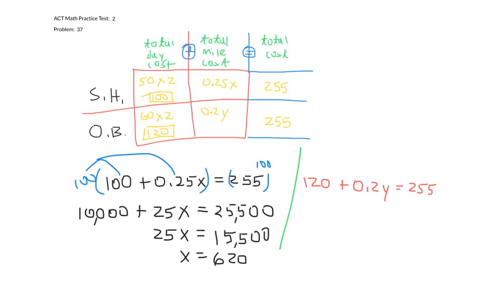Okay, so that's x. Now, of course, we're on a mission to find y, which pertains to the amount of miles that you would be able to drive with the Ocean Blue Company with a fixed cost of $255. Similarly, I'm going to multiply both sides of the equation by a number in order to get rid of the decimal. In this case, however, I only need to move the decimal over once to the right.